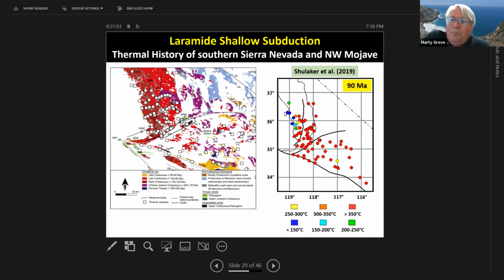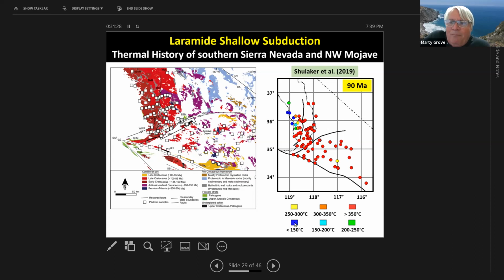In fact, there's pluton emplacement all the way down to approximately 85 million years. And so part of the reason why these rocks are not able to cool is that there's still active intrusion, at least down to approximately 85 million years. Orange is basically 300 to 350, yellow 250 to 300, and so forth, right in here.